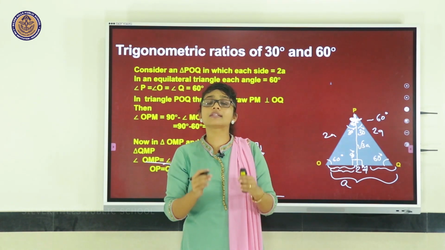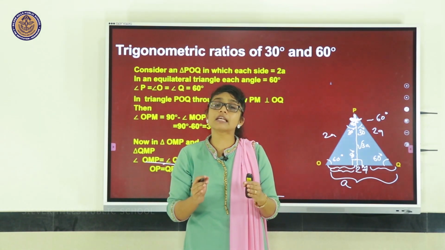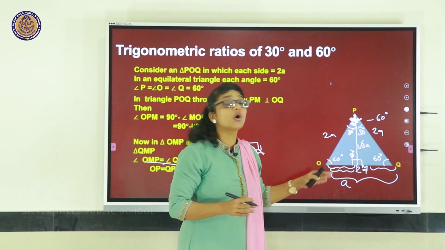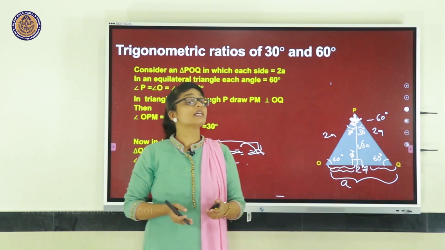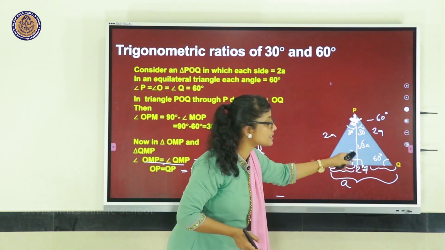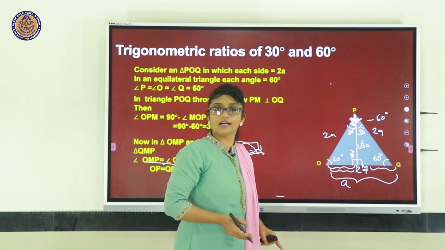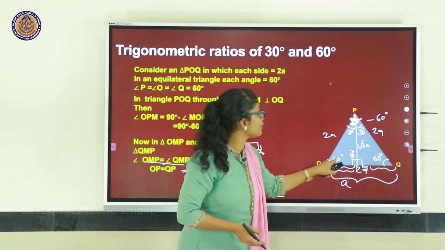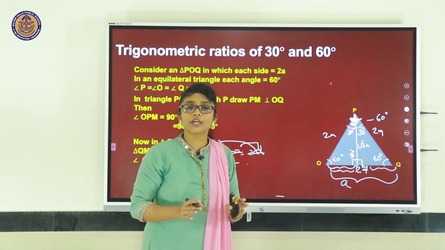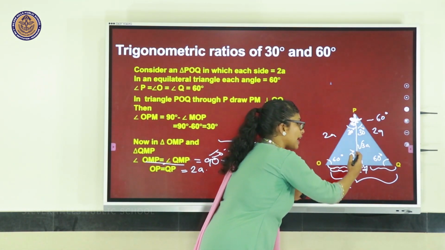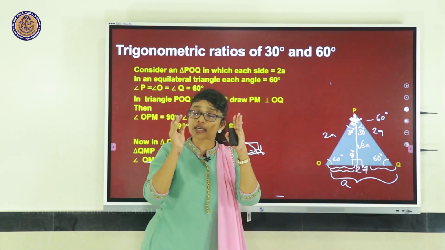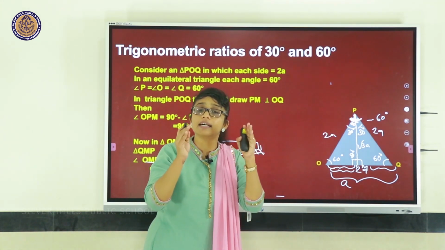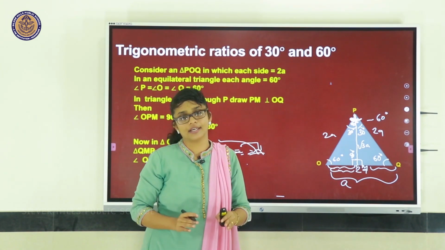After getting all the three sides, we can easily find all the trigonometric ratios of 30 degree or 60 degree using this right angle triangle, because one of the acute angles is 30 degree and the other is 60 degree.